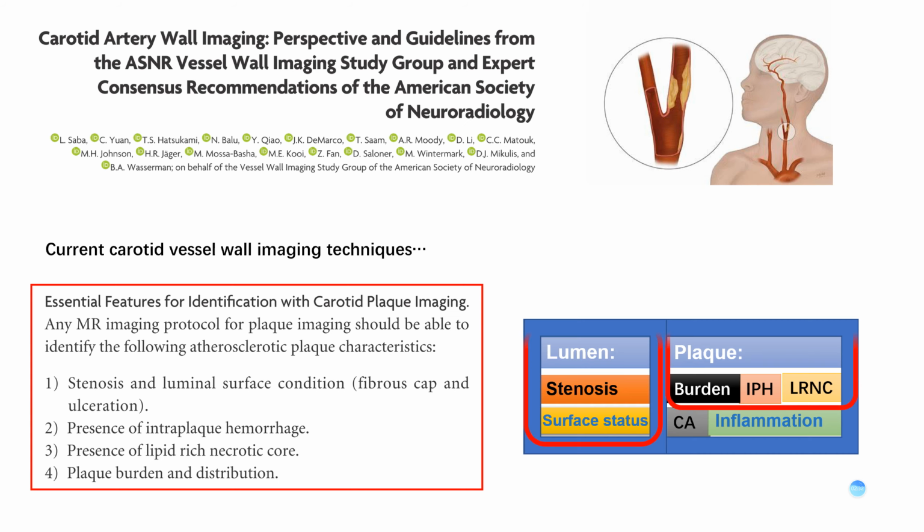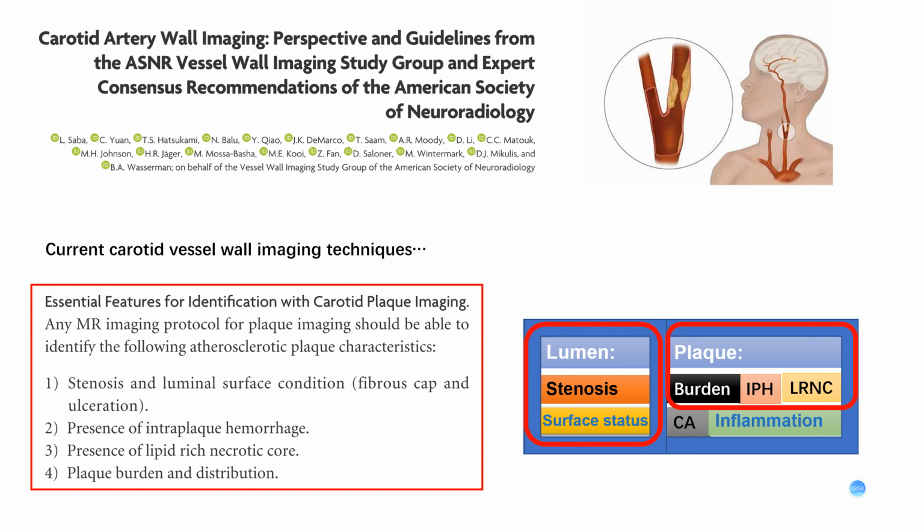Here is the latest expert consensus from the ASNR vessel wall imaging study group, with dozens of carotid vessel wall sequences and hundreds of references. In the last 20 years, there has been a paradigm shift in the imaging of the atherosclerotic carotid artery, from the assessment of the degree of lumen stenosis to characterization of the plaque.